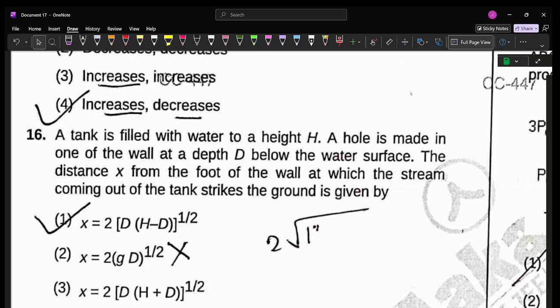So the formula is basically R is 2 times the square root of h into (H minus h), where capital H is the height up to which the water is filled in the tank, and small h is the distance from the top.